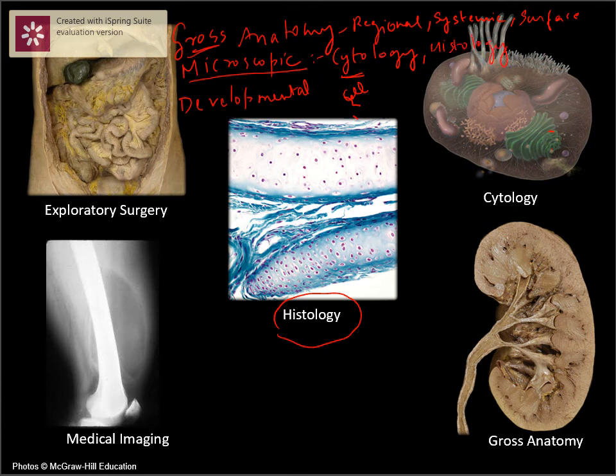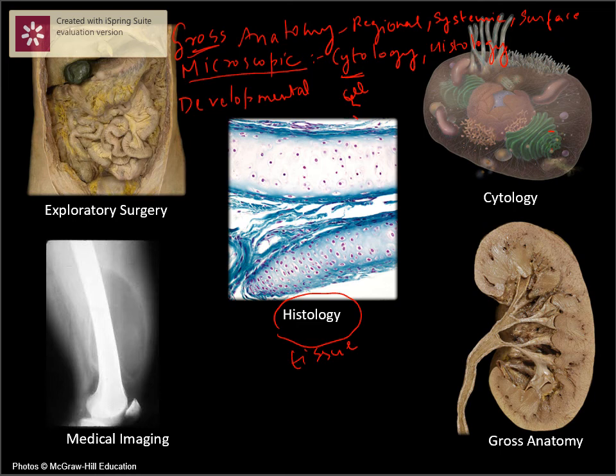So these are two different types of microscopic anatomy. Different cells of the same kind organized together form a tissue, and the study of tissues is called histology.